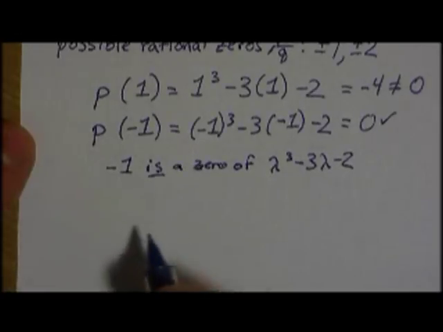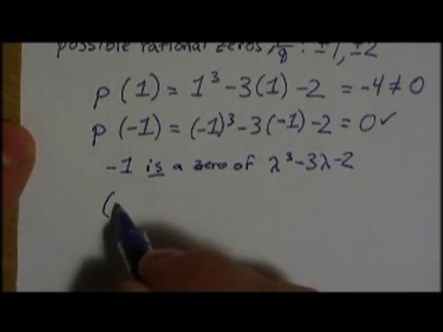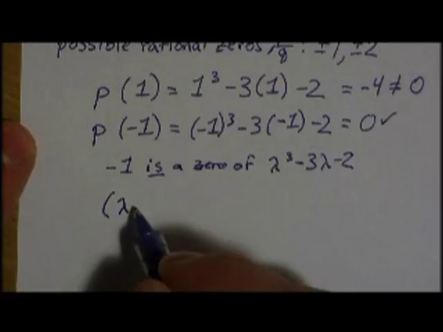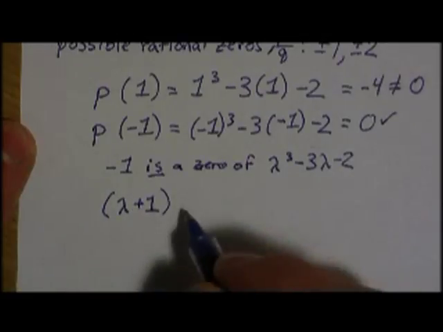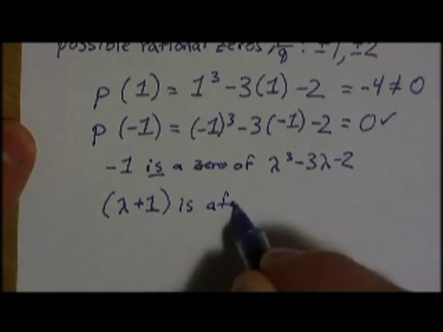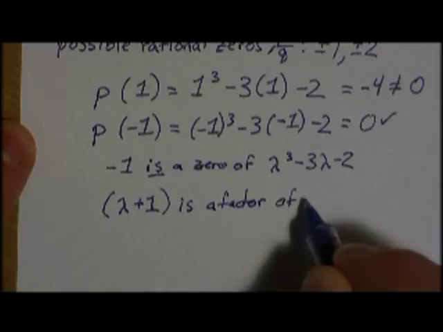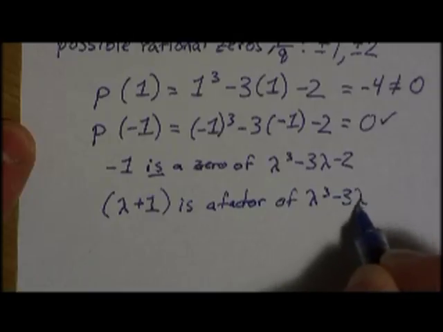Alright, well if that's a 0, that means that x, or in this case lambda minus that number, so lambda minus negative 1, is a factor of lambda cubed minus 3 lambda minus 2.